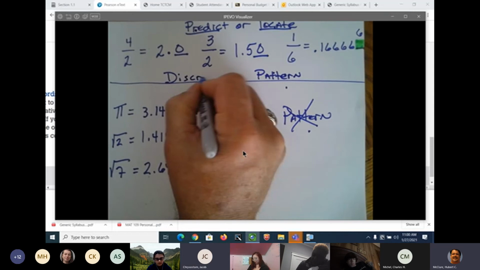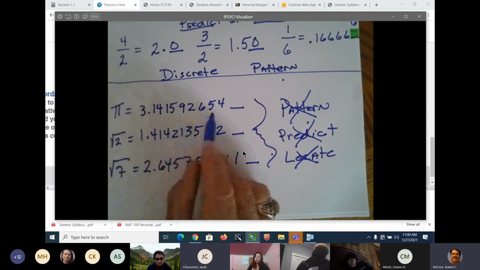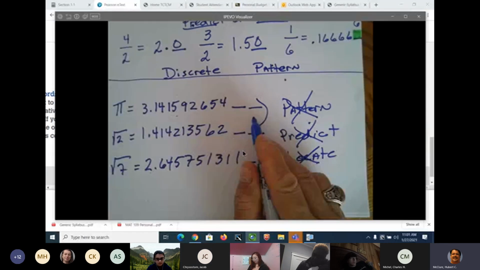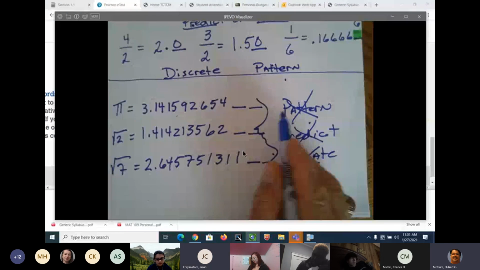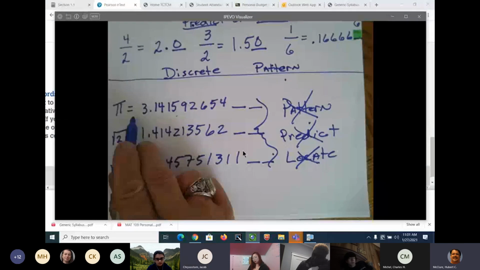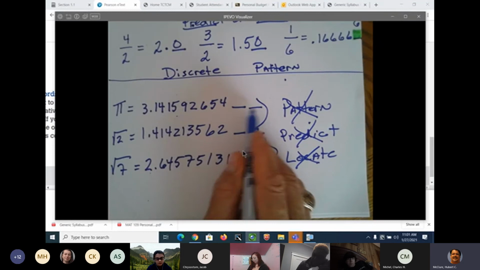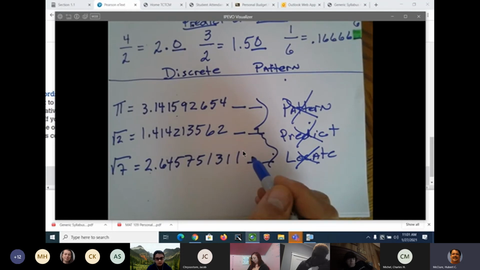You cannot locate on a number line. Why can't you locate these 3 on a number line? Because these following digits don't stop, and you don't know what they are. So how can you locate pi when you don't know what these digits are? You can't.